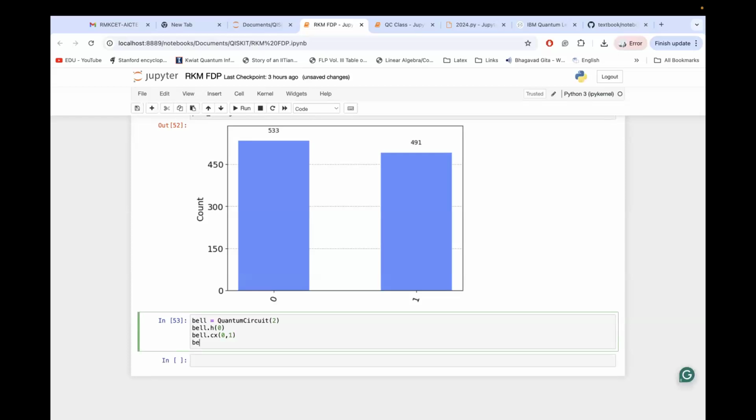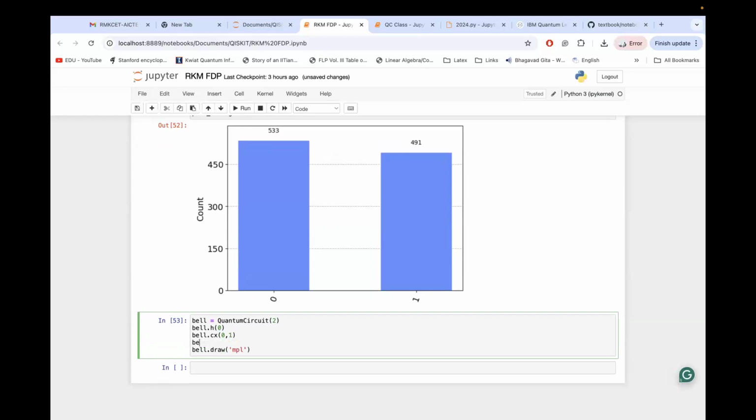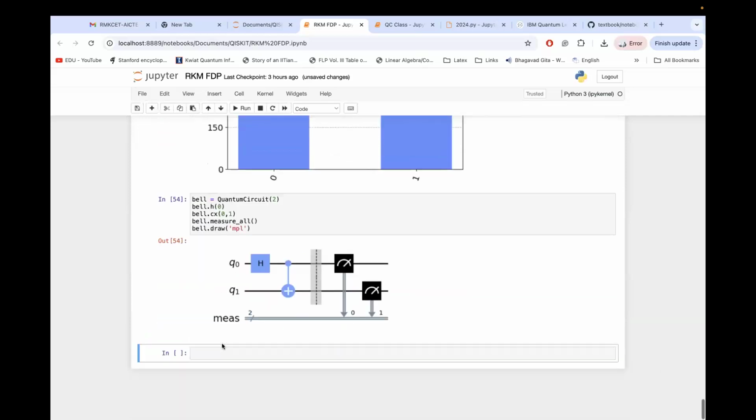So here, bell dot draw. So this is the circuit to create a Bell state, like a maximally entangled state.